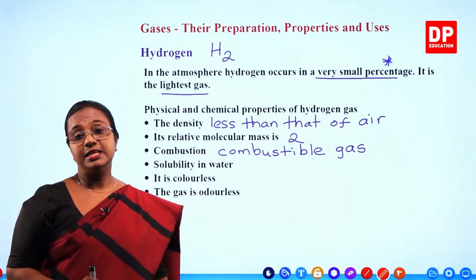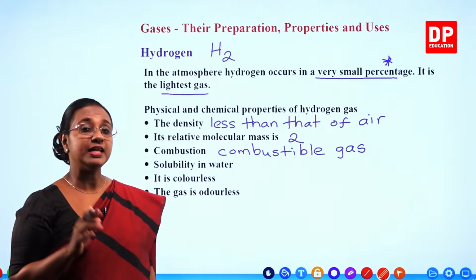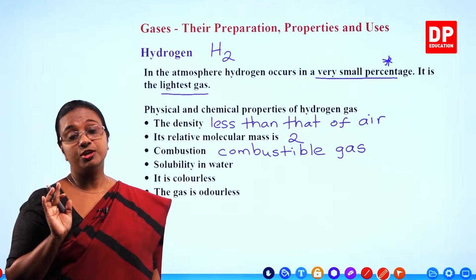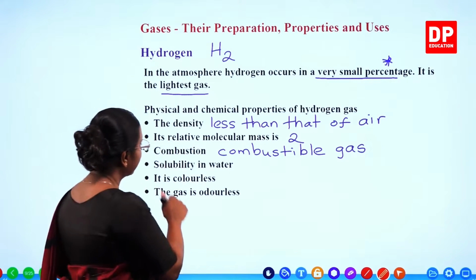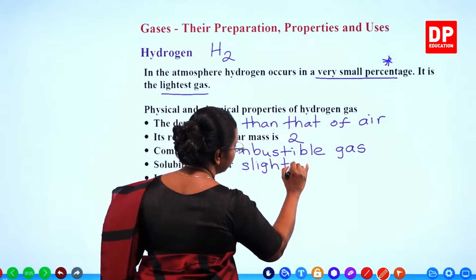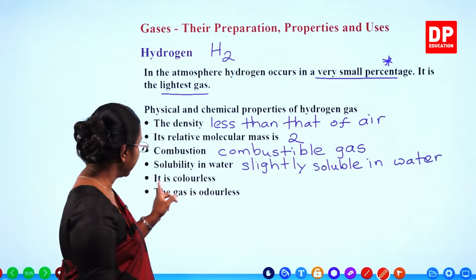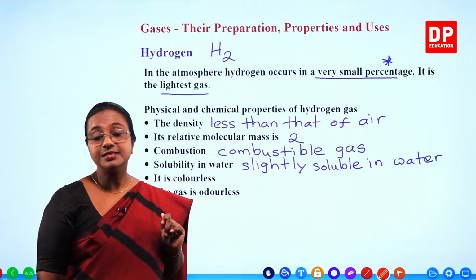Then solubility in water. Now if you take the H2 molecule, it is slightly soluble in water. That is, hydrogen gas is slightly soluble in water. And it is a colorless gas and also an odorless gas.